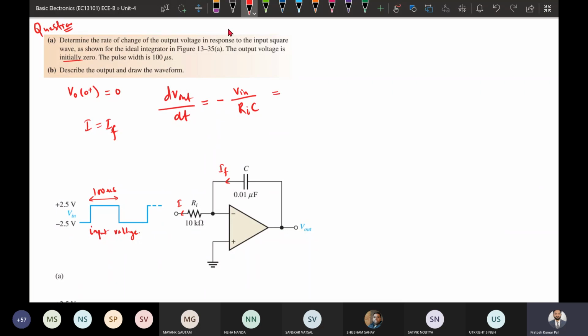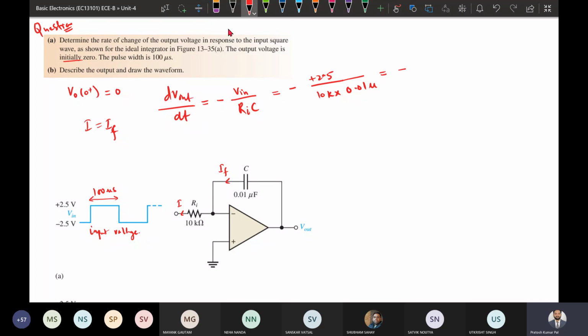From there, we can put in the values. The magnitude of the input voltage is 2.5, and the R and C values are given: 10k multiplied by the capacitor, 0.01 microfarad. Once we solve it, the result will be negative.